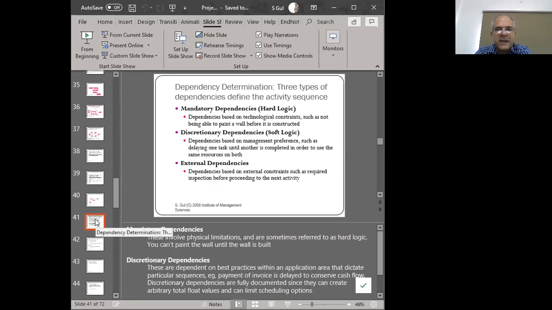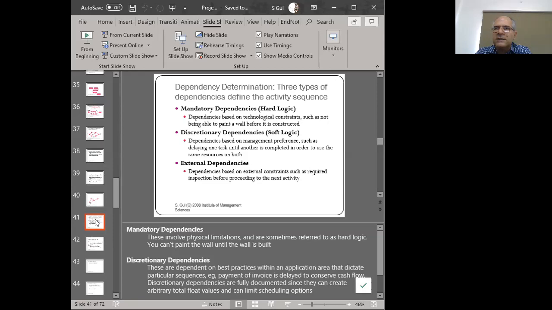Now, this is the second type of dependency that exists, right? Mandatory dependencies, hard logic or hard dependencies; discretionary dependencies, known as soft logic or soft dependencies; and external dependencies that are imposed upon us from the outside, such as a dependency caused by some law and regulation.